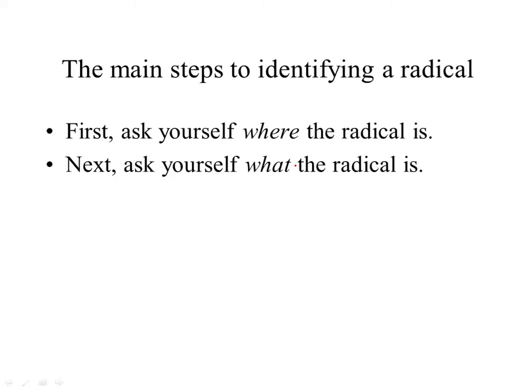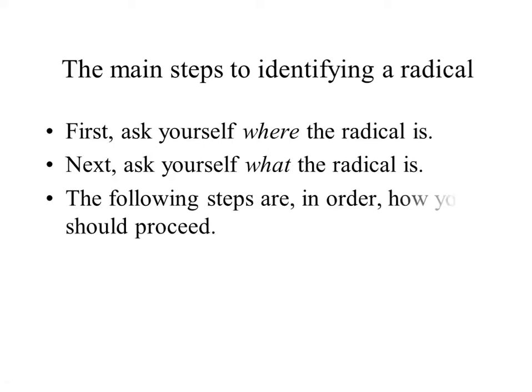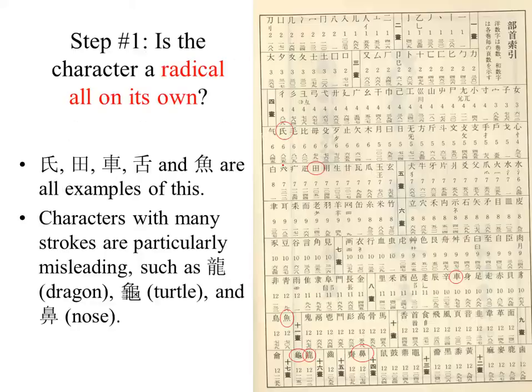And then you ask yourself what the radical is. Once you've decided, for example, this is one of those kanji that can be broken up between a right side and a left side, then you say, okay, which side is the radical? And there is an ordered way in which you should approach this, as follows. Step 1, and this is the total common rookie error.